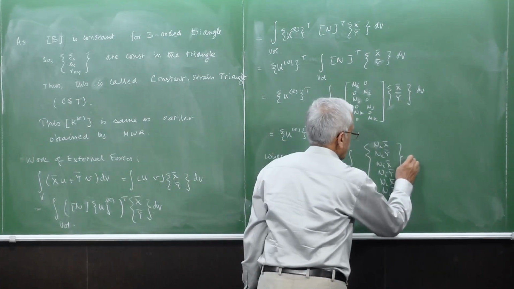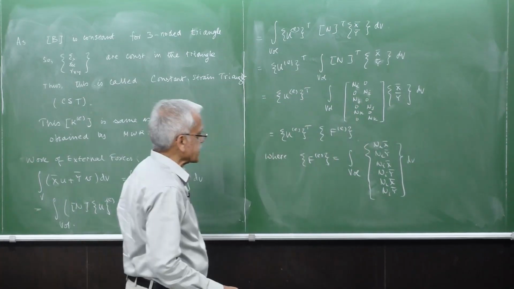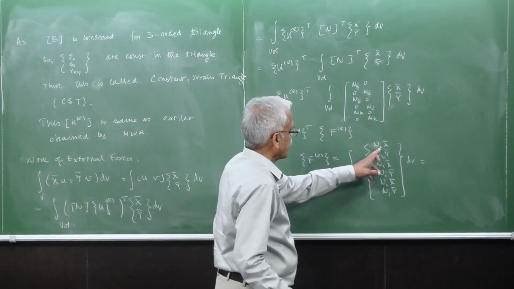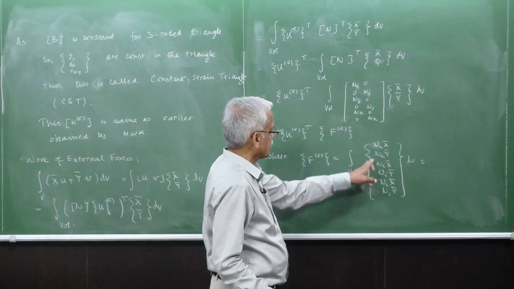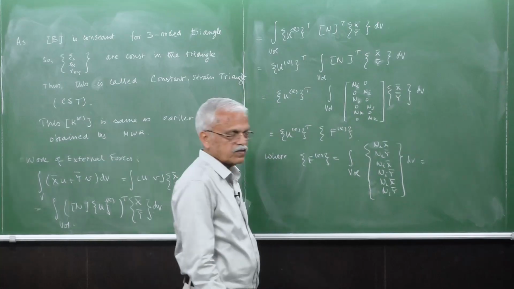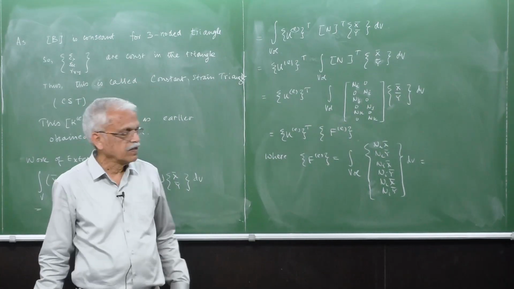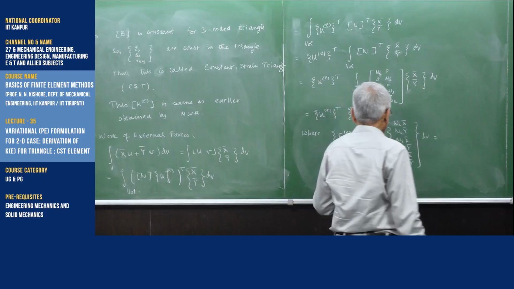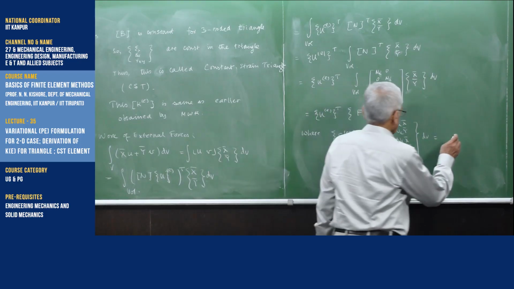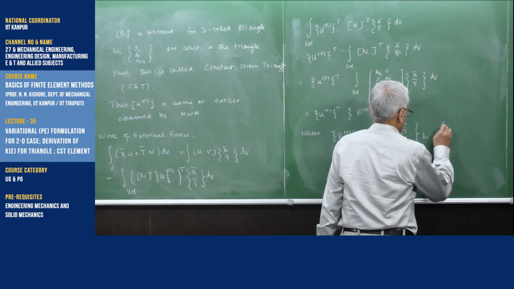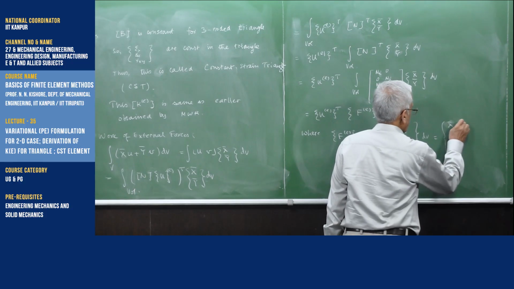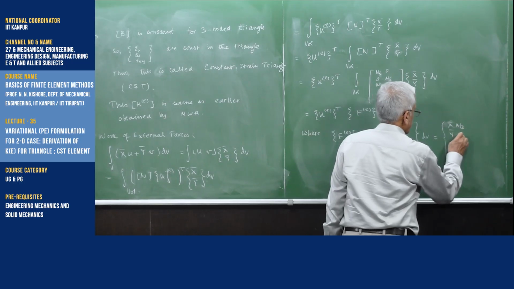So this has to be integrated over volume. Okay, so this will turn out to be what? So Ni is Ni of x, y, and X bar, if you take it to be constant, so it is nothing but the integral of Ni over the area of the element, and of course the thickness comes here. So Ni over the area, so it is all A by 3, right? So A by 3 times x bar, y bar A by 3.